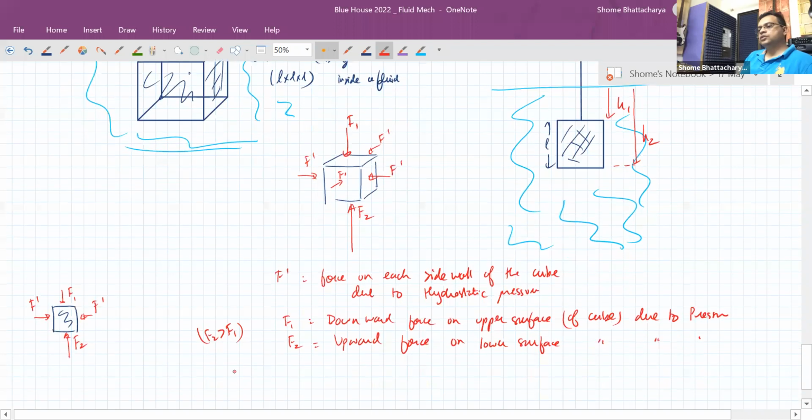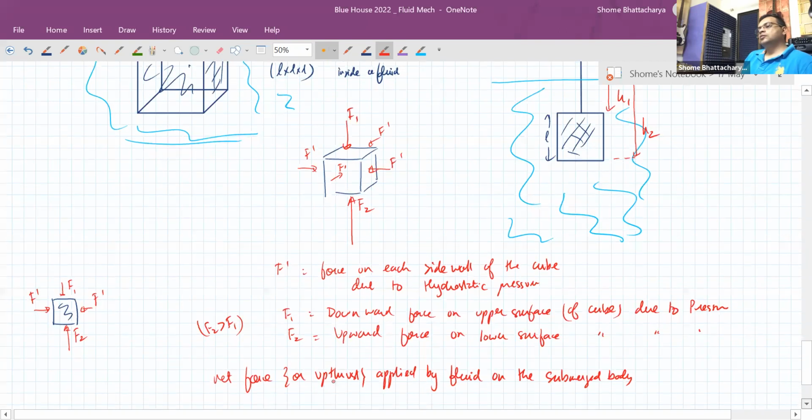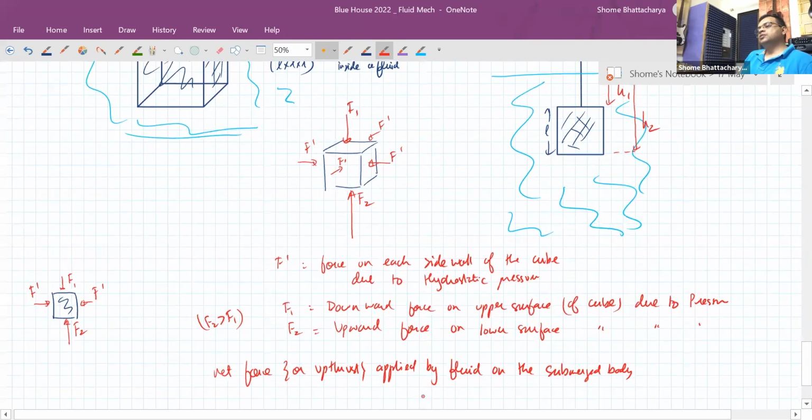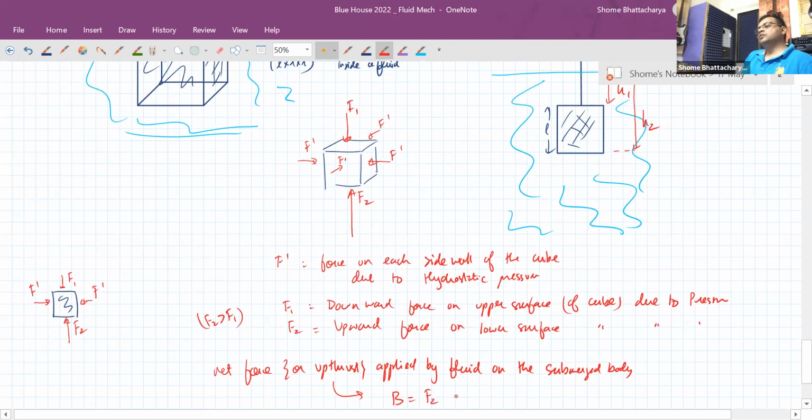So the net force or upthrust applied by the fluid on the submerged body is equal to F2 minus F1.